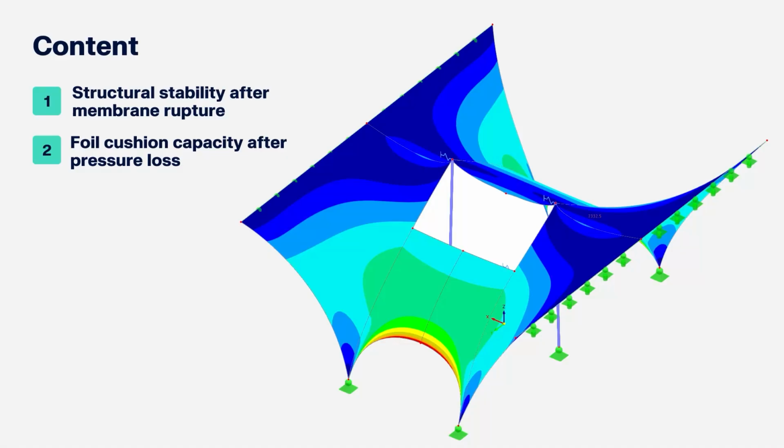Yes, thank you, Andreas, for the introductory words. I also want to welcome you to today's webinar. In today's webinar, as the title says, we are going to look at failure states in membrane structures. And I brought two of such failure states. The first one will be a membrane rupture. So this is the model that we see in the image here.